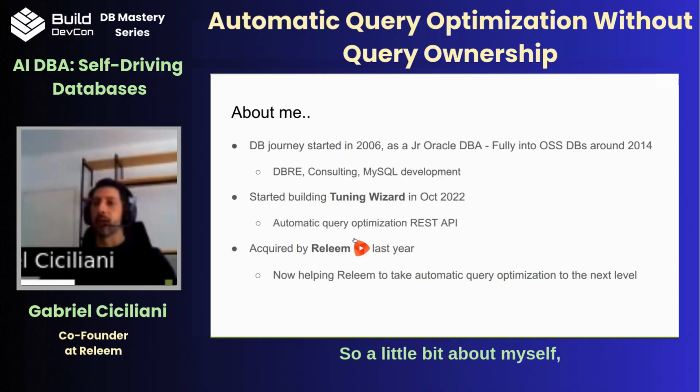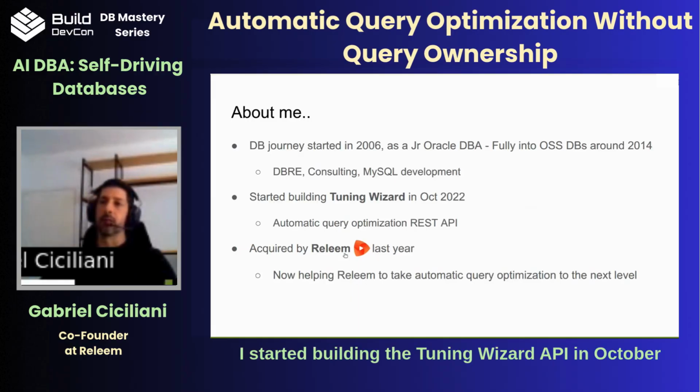So a little bit about myself. I started my DB journey back in 2006 as a junior Oracle DBA, as many people did. And then got fully into open source databases around 2014, specifically MySQL and MariaDB. So I have a good experience as a DBA or a DBRE, doing consulting and even some MySQL development.